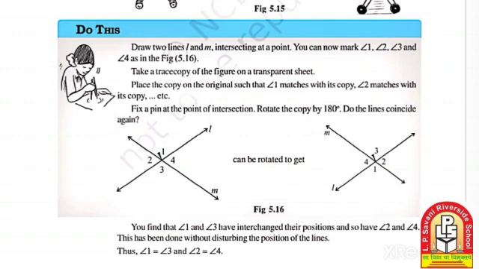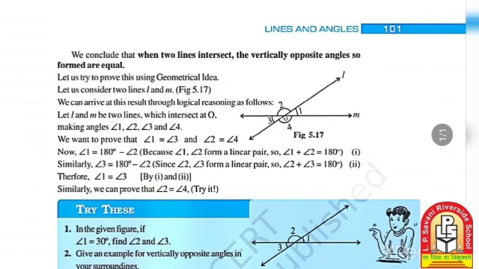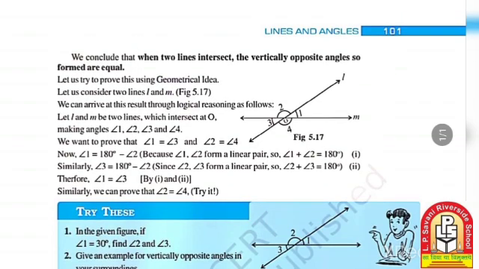The measurement of angles 3 and 1 are the same, and the measurements of 2 and 4 are also the same. We conclude that when two lines intersect, the vertically opposite angles so formed are equal.